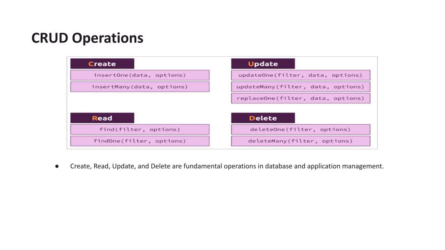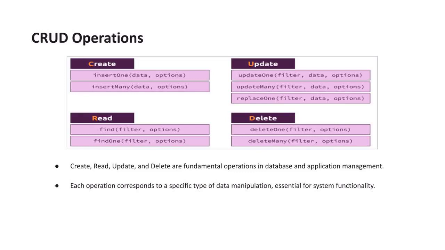They are the core actions that enable you to create, read, update, and delete information, forming the basis for virtually all database interactions. Each of the four CRUD operations serves a unique and essential purpose. Creating new records or documents populates your database with information.